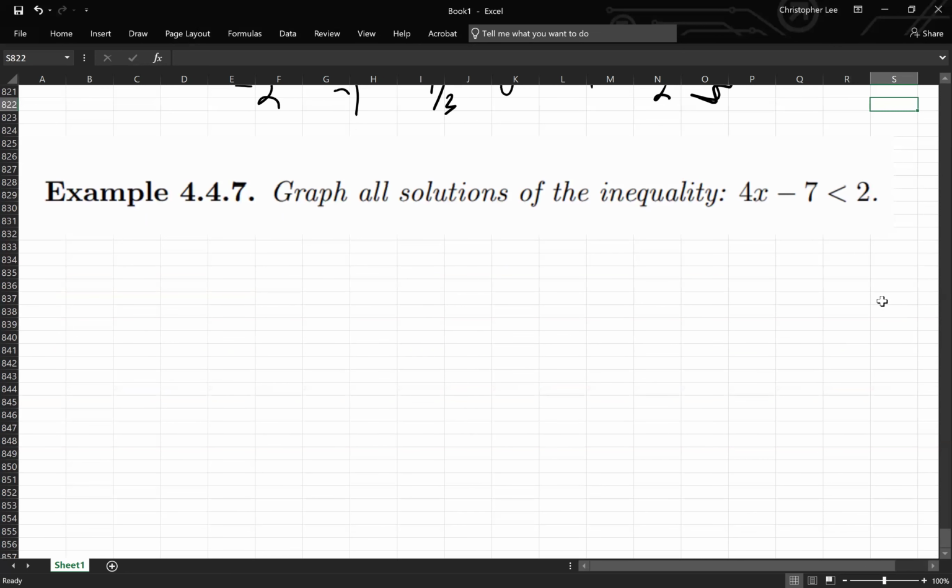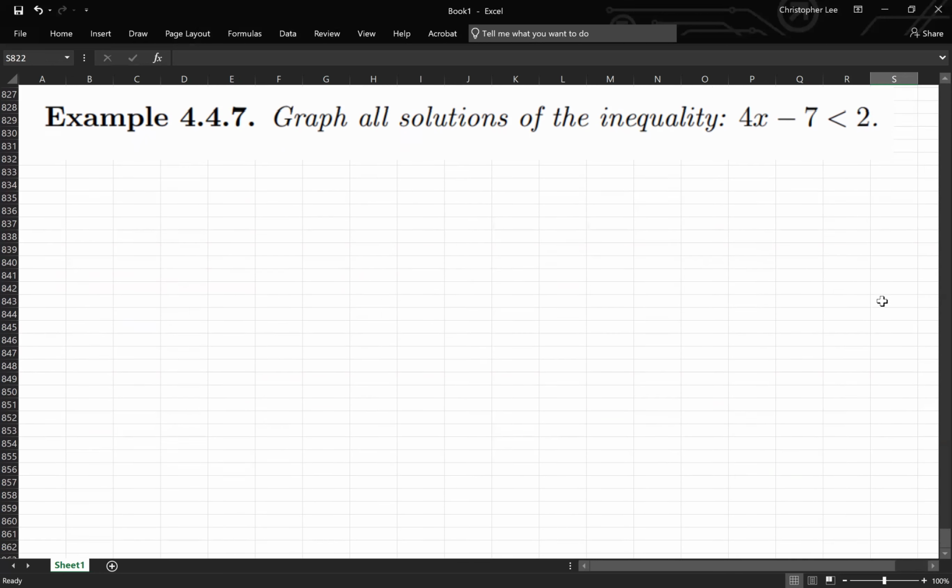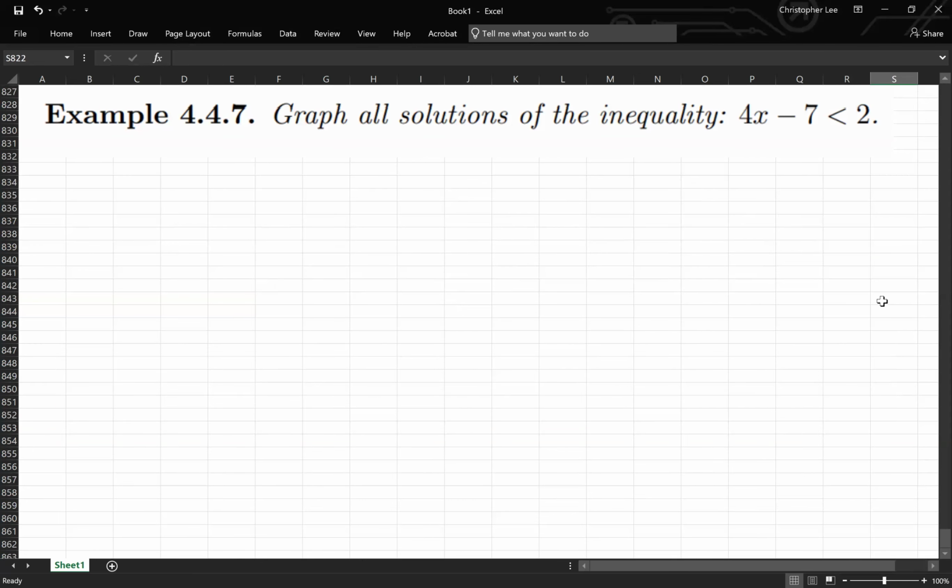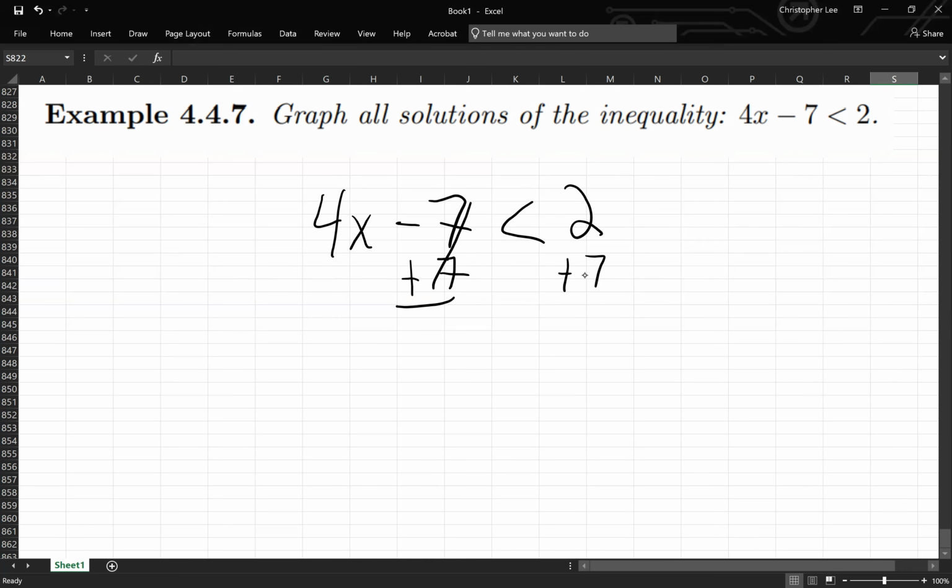So in this case, I can't do four first, I do it the other side. So I got 4x minus 7 is less than 2, right? So I'm going to add 7 over here. What I do to one side, I got to do to the other.